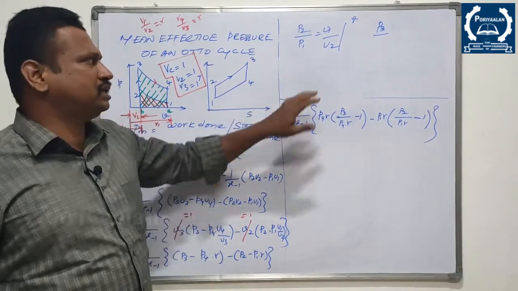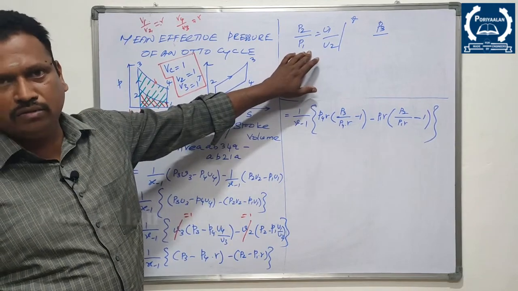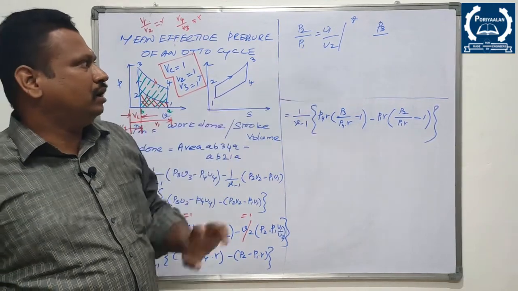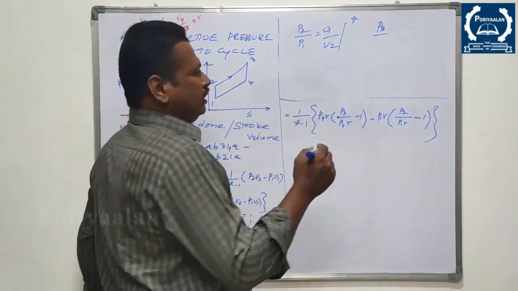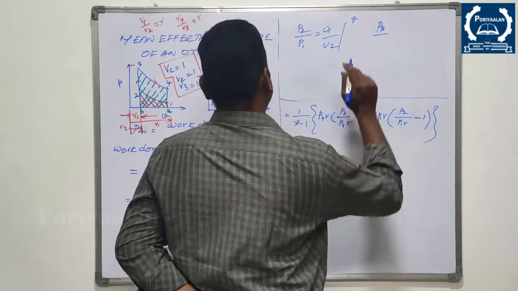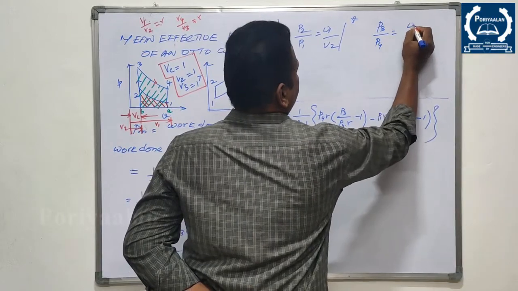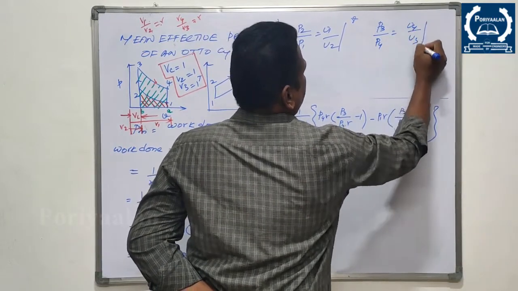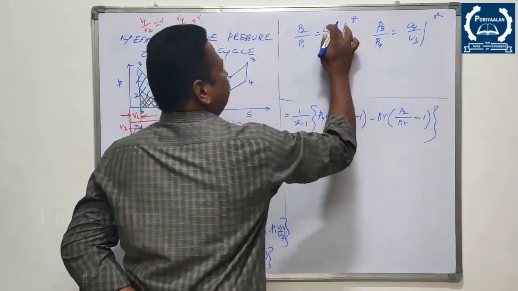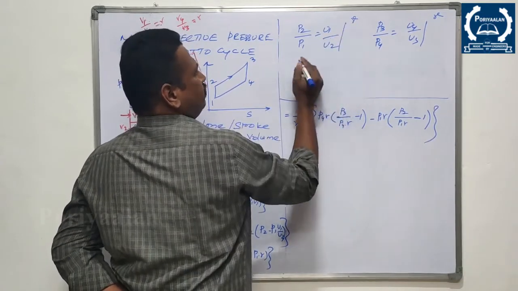This is the PV relation for the process 1 to 2, particularly an isentropic process, right? Likewise, process 3 to 4 is also isentropic. P3 by P4 is V4 by V3 to the power gamma. V1 by V2 is nothing but the compression ratio.